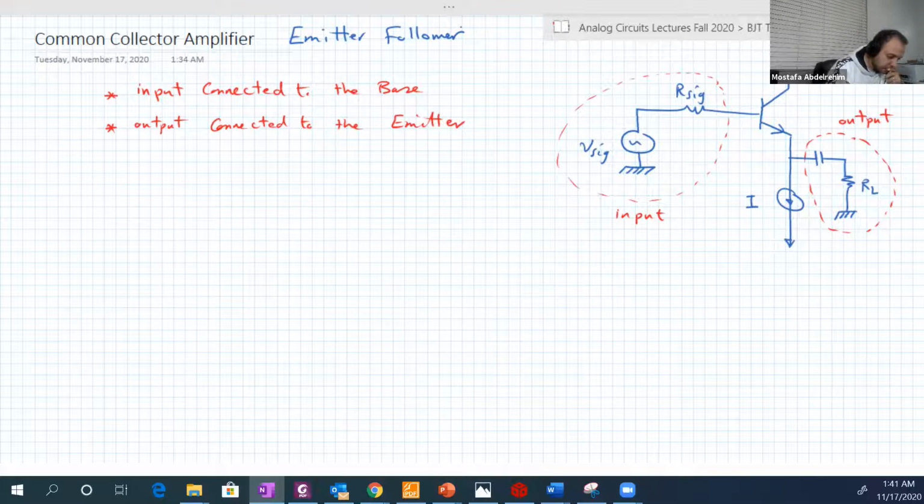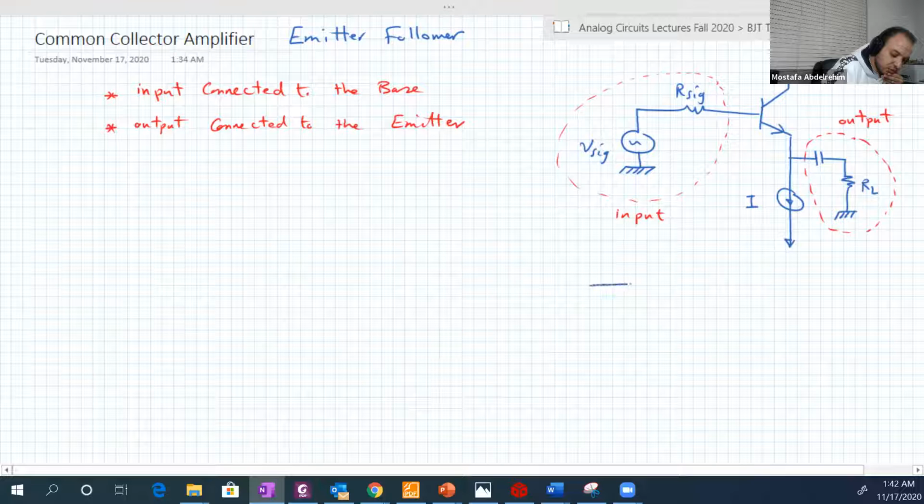Okay. Good. So let's deduce the AC equivalent circuit of that circuit. Here is the AC equivalent circuit of the transistor itself, beta IB.